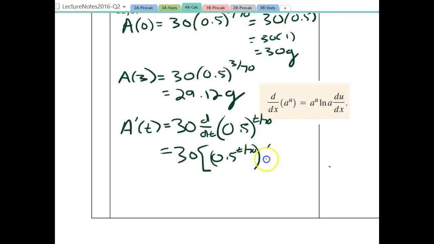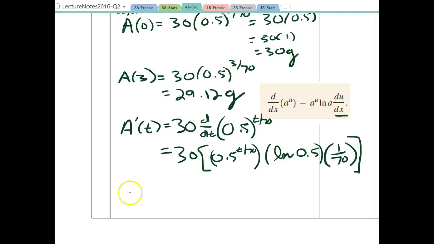I'm now going to multiply that by the natural log of the base of the exponent, so that's the natural log of 0.5. And then I'm going to multiply that by the derivative right here. That's going to be the derivative of the exponent. So the derivative of t over 70 is 1 over 70. And close that off.